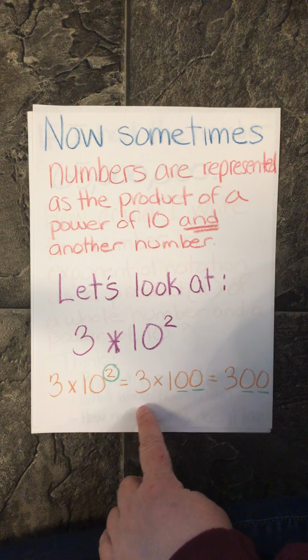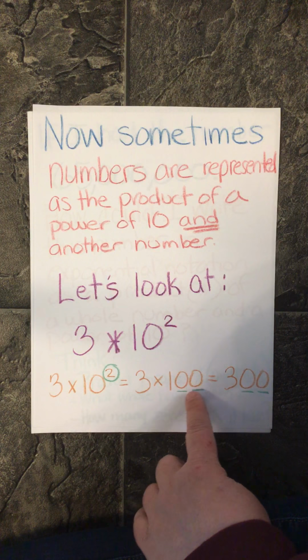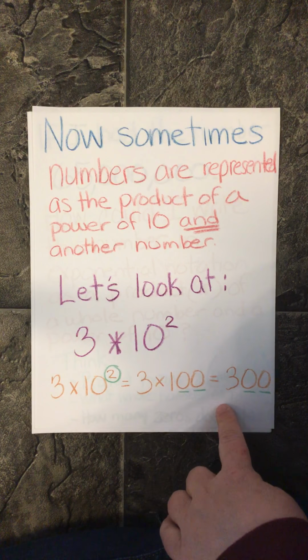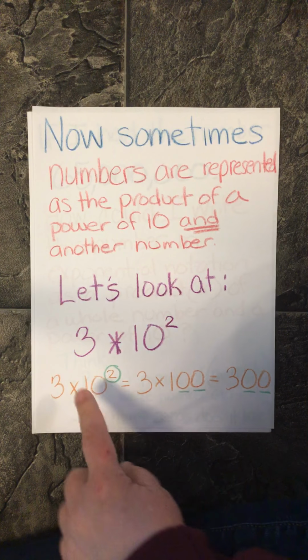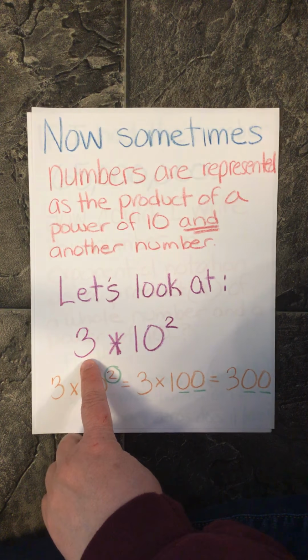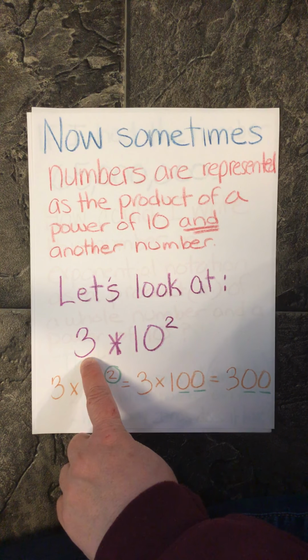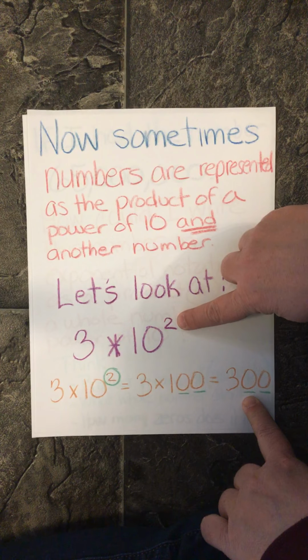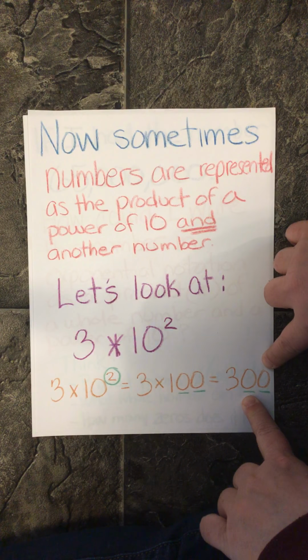We multiply it by 10 twice, or we have 2 zeros in the power of 10, and that would give me an answer of 300. So you're taking the whole number 3, if you look here, and attaching 2 zeros.